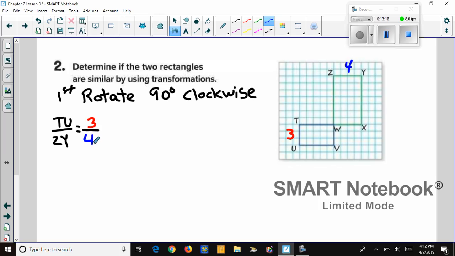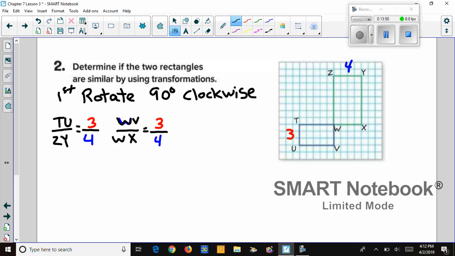I want you to notice that that is the same exact ratio that WV and WX have. If you look, WV has a length of 3, while WX has a length of 4. Let's check out the other sides.